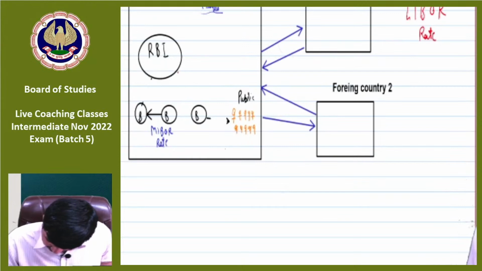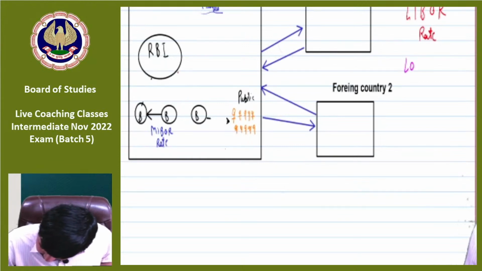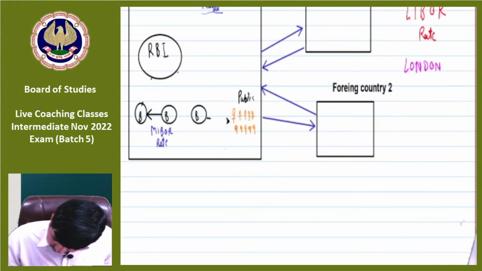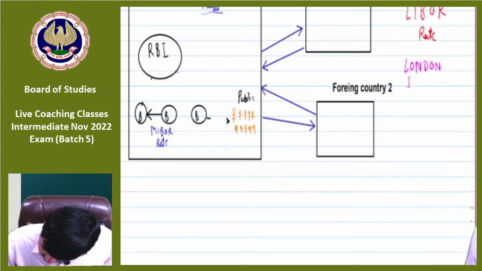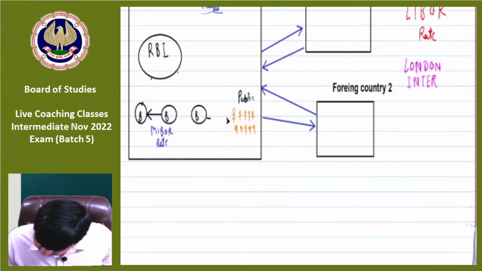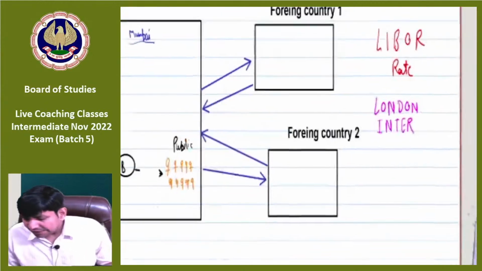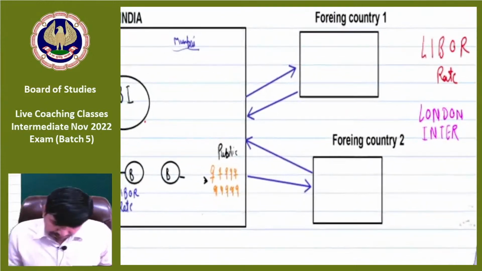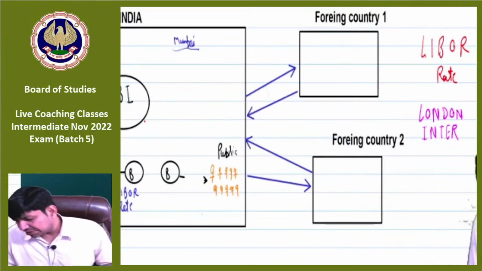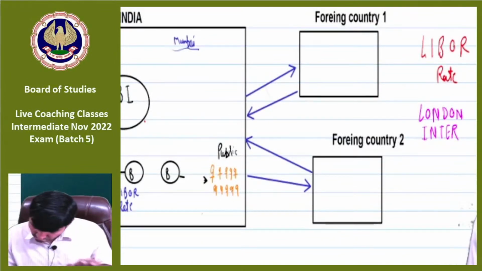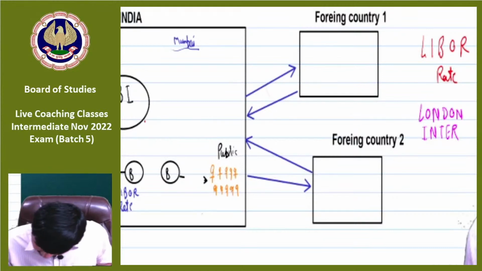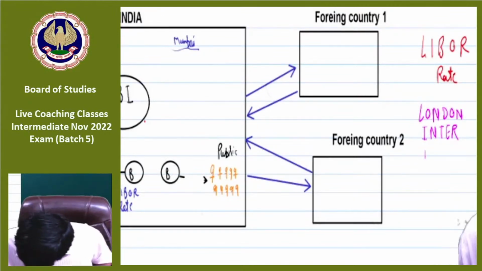What is the full form? In the international market, when banks transact with each other, the rate at which they deal is called LIBOR. LIBOR means London Interbank Offered Rate.